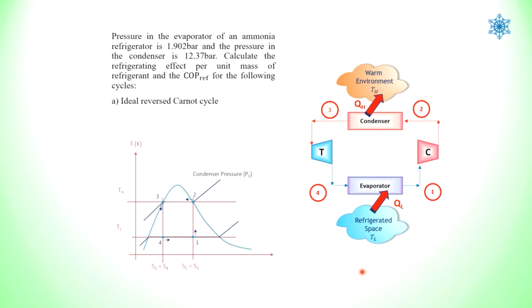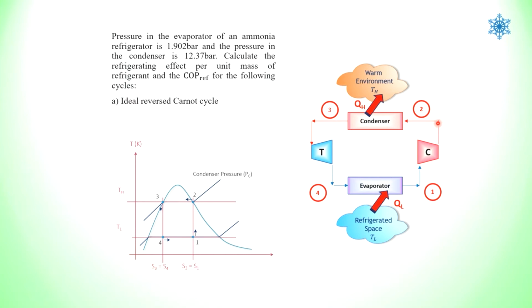This would be the schematic diagram where you have the compressor, the condenser, turbine, and evaporator. That's for the reverse Carnot cycle. State point 1 is the inlet to the compressor.